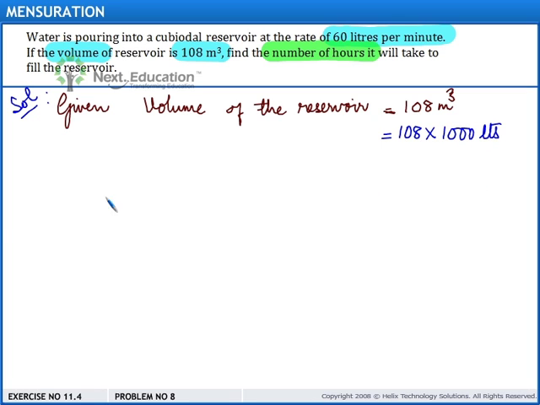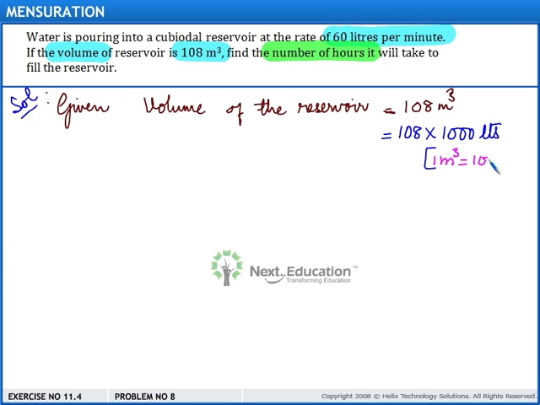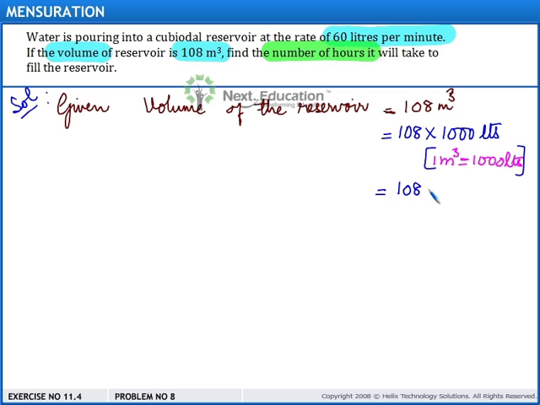This is because 1 meter cube is equal to 1000 liters. Therefore, we get here 1,08,000 liters.